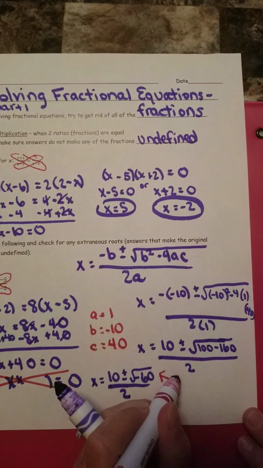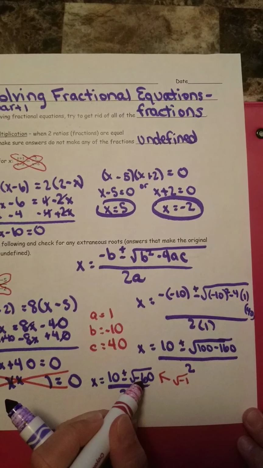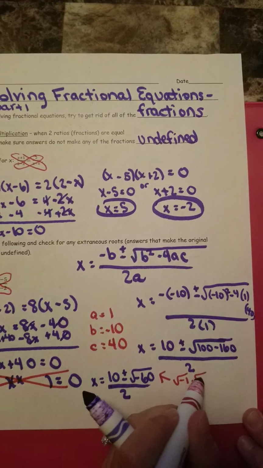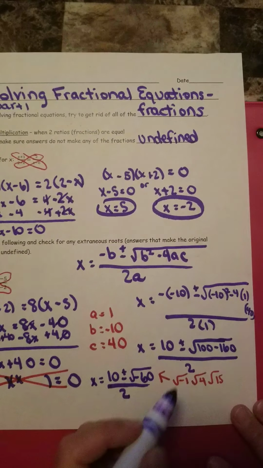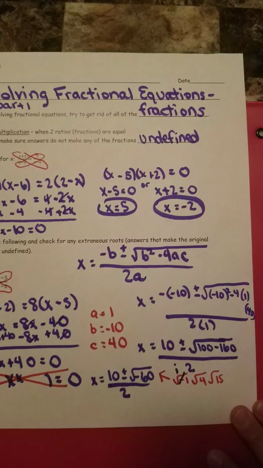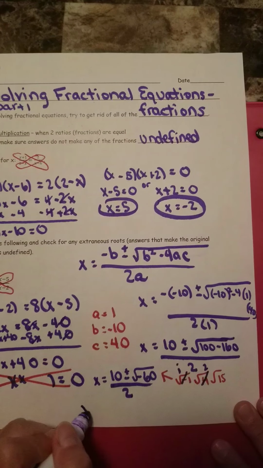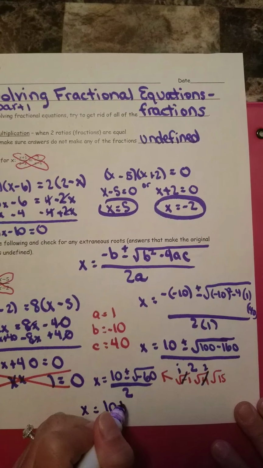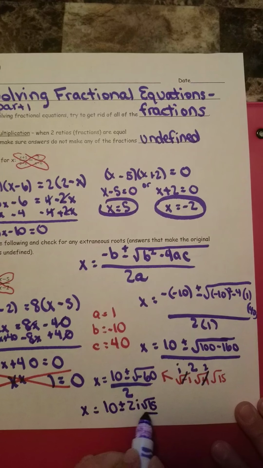I'm going to take out a negative 1. This ties into our radicals chapter, our complex numbers. Perfect squares that go into 60 would be 4 and 15. So I'm going to change the square root of negative 1 to i, and the square root of 4 to 2. So now we have x equals 10 plus or minus 2i radical 15 over 2.